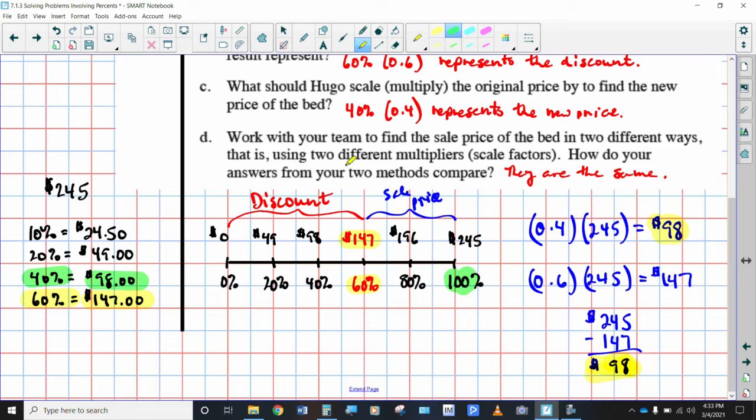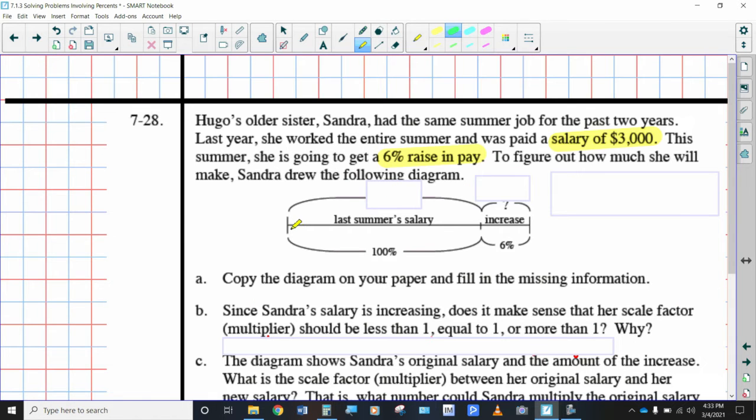If you wanted to find the discount, you'd subtract the sale price from the total. In this situation, you got your 100% of your salary from the previous year plus an additional amount. So this is not a subtraction process. This is going to involve taking the original amount and adding on the 6% raise.